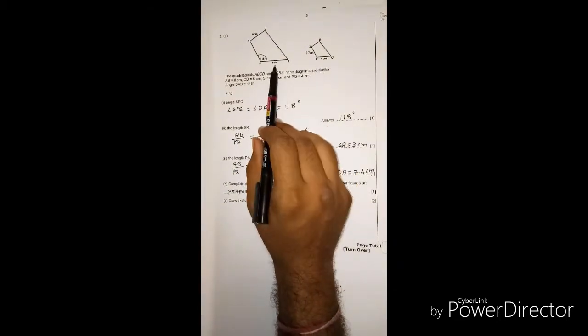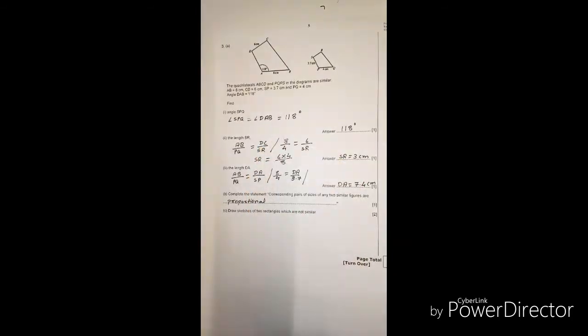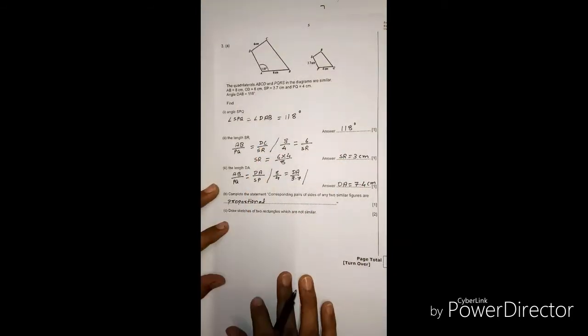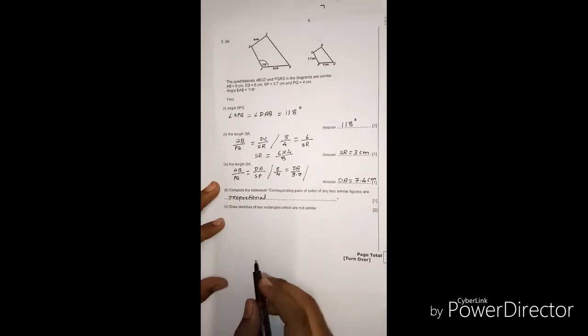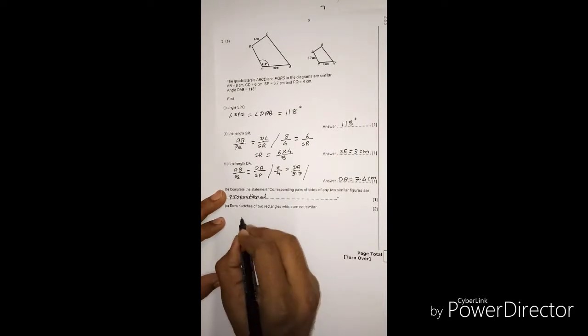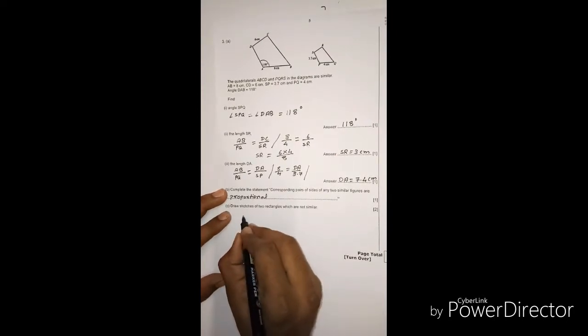Okay, when can you say that two rectangles are not similar? When the ratio of the corresponding sides are not equal. So right now I'm not using scale and pencil to draw the diagram, but I will give you the rough figure of how to do it.